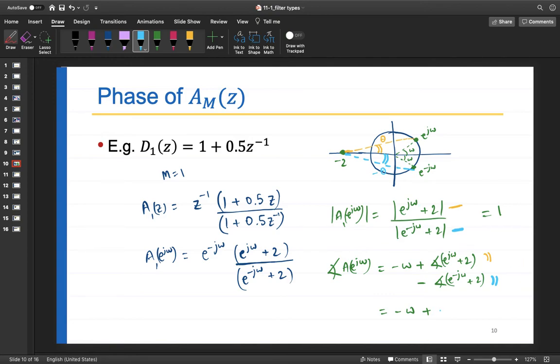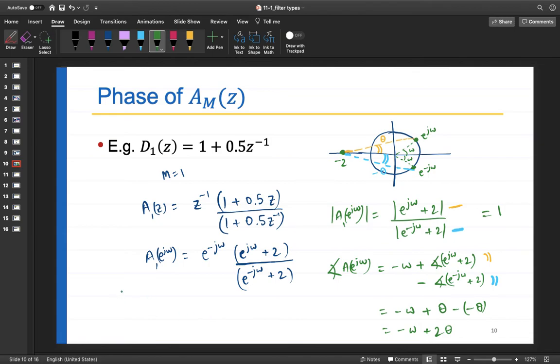So this becomes plus θ minus minus θ, which means twice θ. So minus ω plus 2θ. This is my angle. So let us see how the angle will change. In the beginning, the angle will be increasing, the θ will be increasing, and then θ will go to 0.